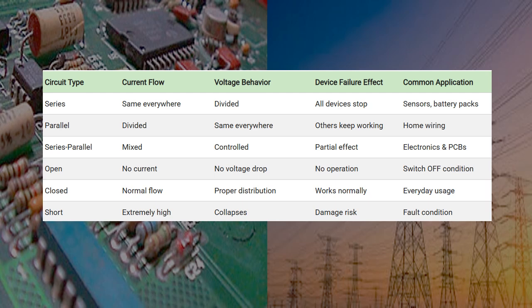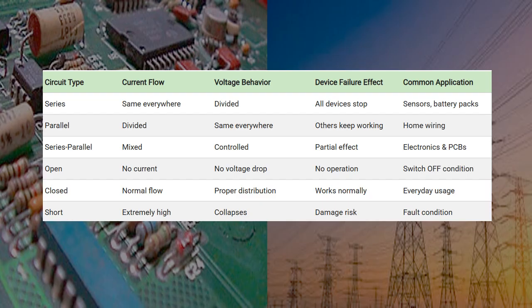Okay, let's look at the different types of circuit. Series: the current is the same everywhere, and the voltage is divided. When there is a defect in the circuit, all devices stop. Common applications are sensors and battery packs.